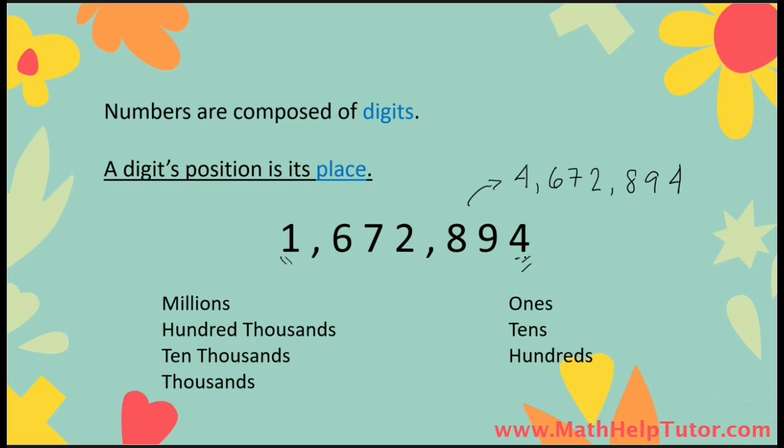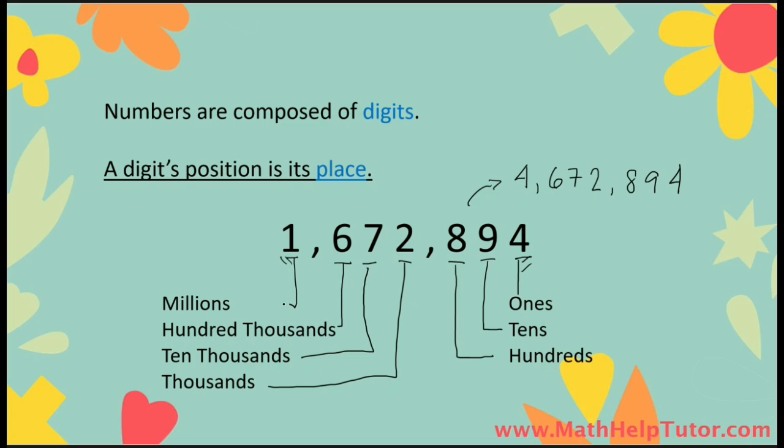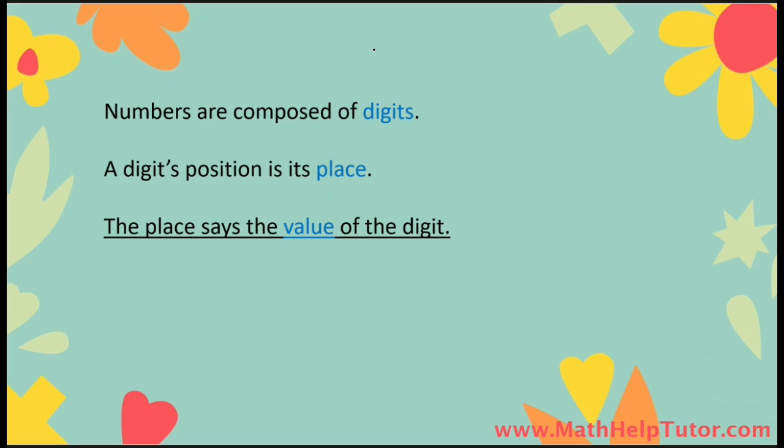So 4 is in the ones place, 9 is in the tens place, 8 is in the hundreds place, 2 is in the thousands place, 7 is in the 10,000s place, 6 is in the 100,000s place, and 1 is in the millions place. Now, knowing the place of a digit is important because that tells us the value of the digit.